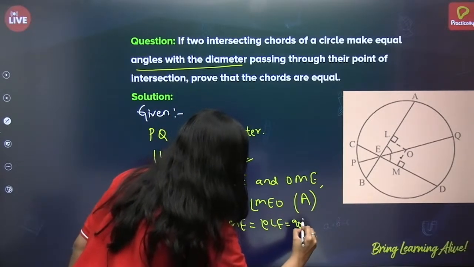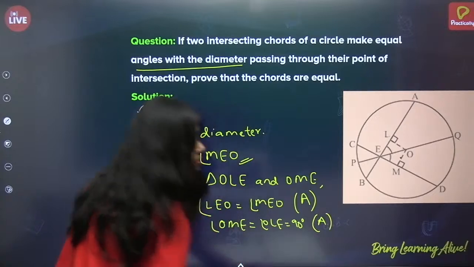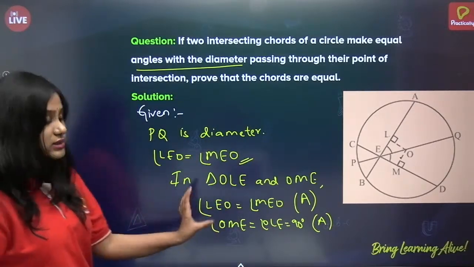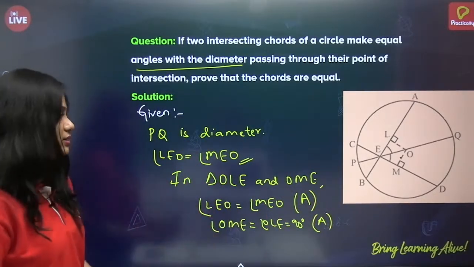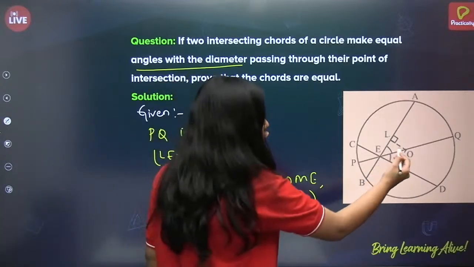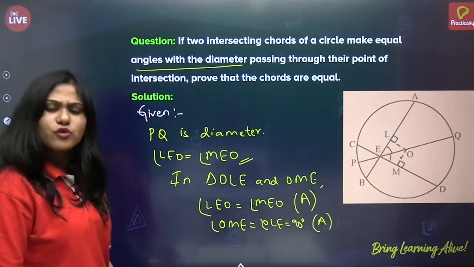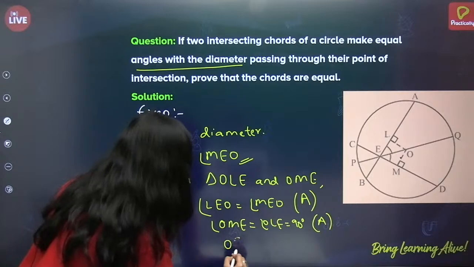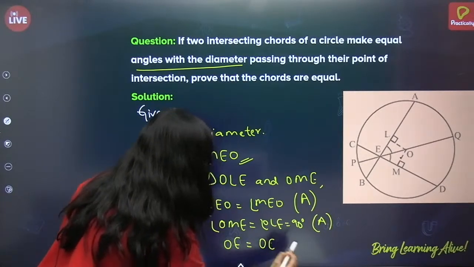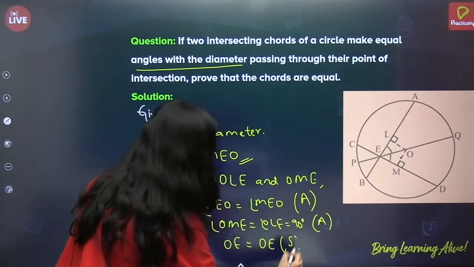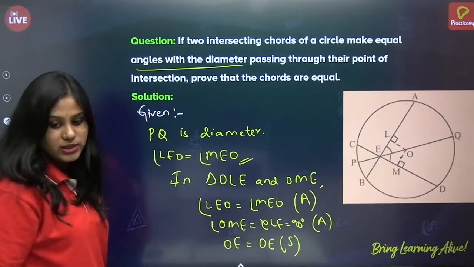This 90 degrees is not usually needed, but I am writing it so that you will understand why we took these two angles. Next, OE is equal to EO. Of course, common side. This is a side. So by AAS congruency.